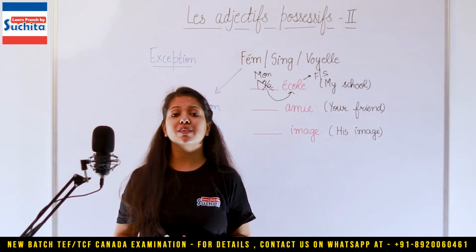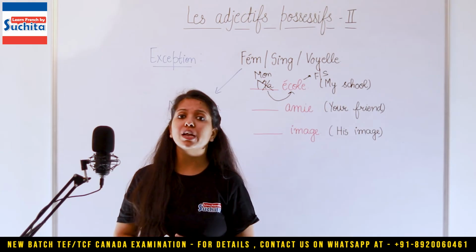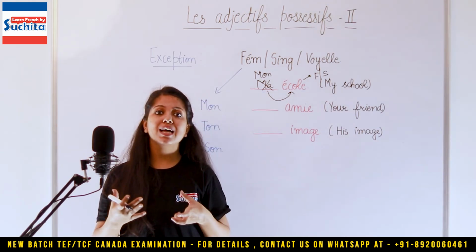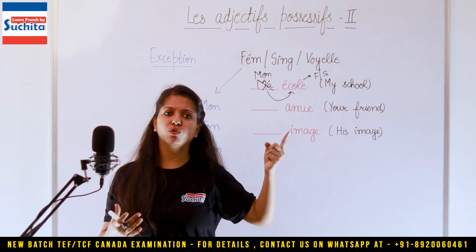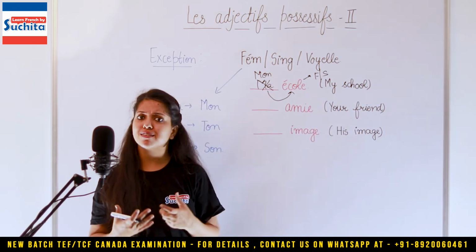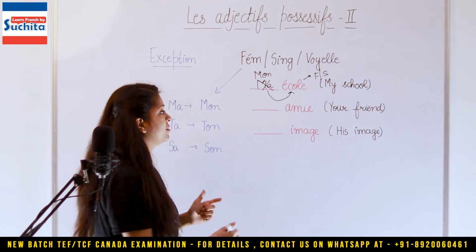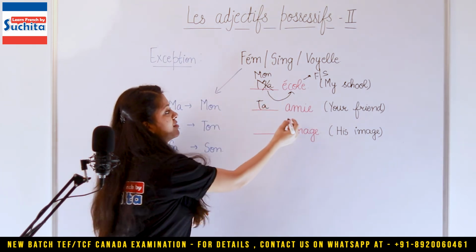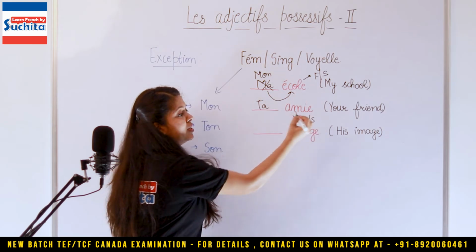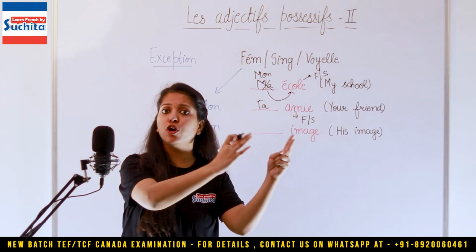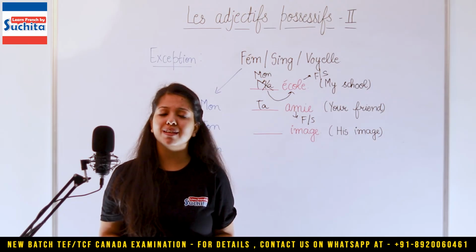If let's say I want to say your friend. For your, again you have three possibilities. You say ton, ta, te. According to the normal rule, the word ami, that is feminine singular, so you should have said ta, because this is feminine singular, and under the column of feminine singular for your you have ta, so that makes sense.